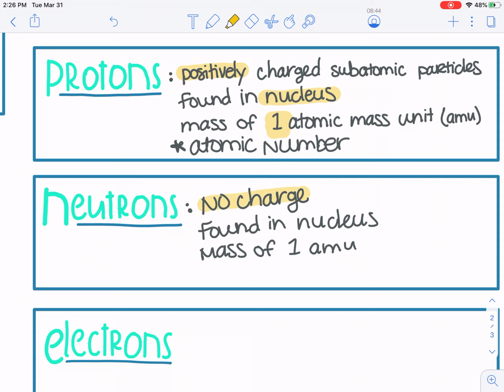No charge, so again, you could say it is neutral. It is found in the nucleus, and it has an atomic mass of 1. The neutron comes into play when we discuss mass number.